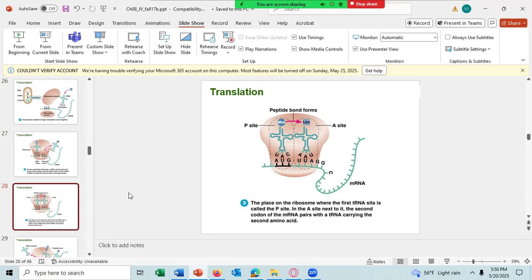Now, what's a little confusing is that the... no, this isn't the confusing part yet. So, once this is bound, and that's bound, this first amino acid will be removed from the tRNA and then covalently linked to the second amino acid on the tRNA, meaning the second tRNA.